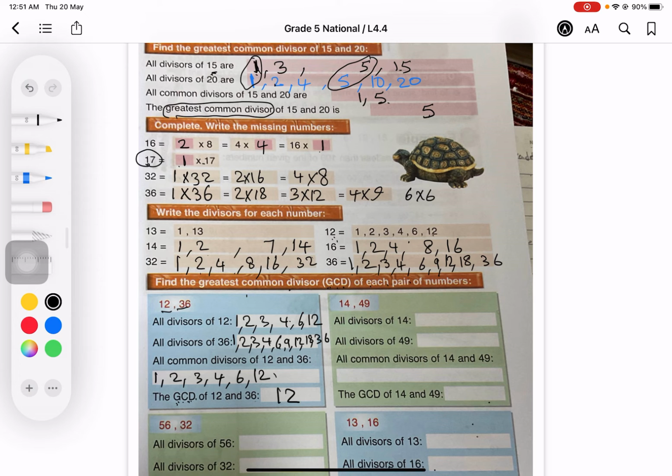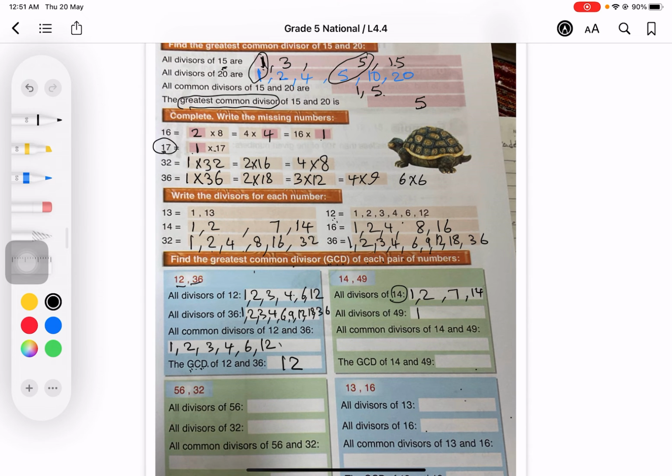Now let's do 14. We just did 14 here. It's 1 with 14, 2 with 7. All these are the divisors of 14. 49 is very easy: 1 with 49 and 7 by 7. All common divisors of 14 and 49 are 1 and 7.